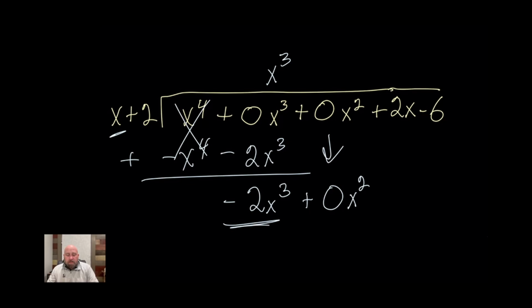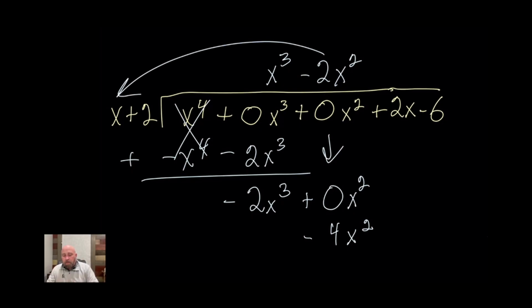First into first. X goes into -2x cubed -2x squared times, because x into x cubed gives us x squared times. All right, and so now we're going to multiply this times our +2, and a negative times a positive is going to be a negative, and that's going to be -4x squared.